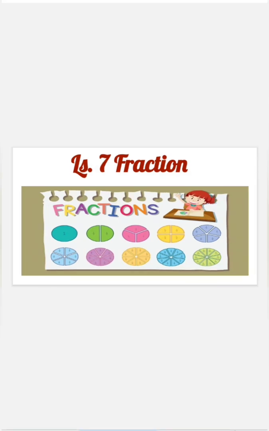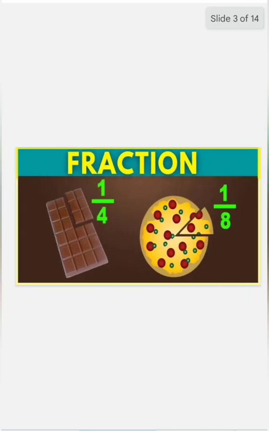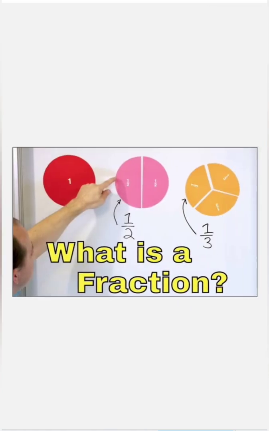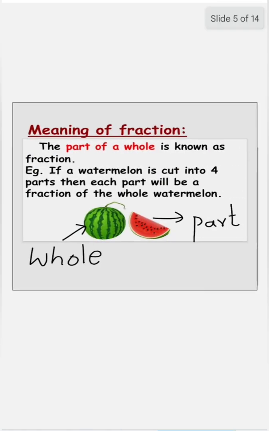When we talk about parts of a whole, we actually use fraction. So children, let's see what is fraction. With the picture you can see when we are making parts of something, the part is known as fraction. The part of a whole is known as fraction.